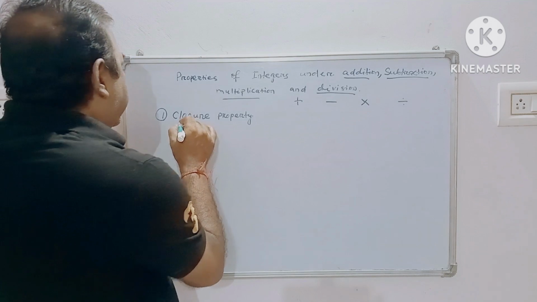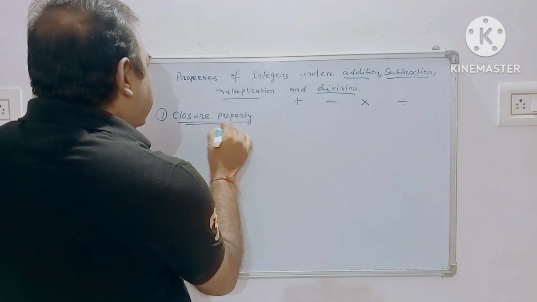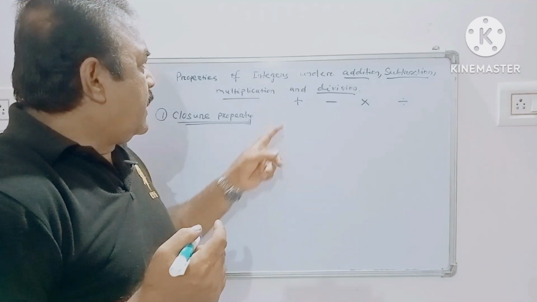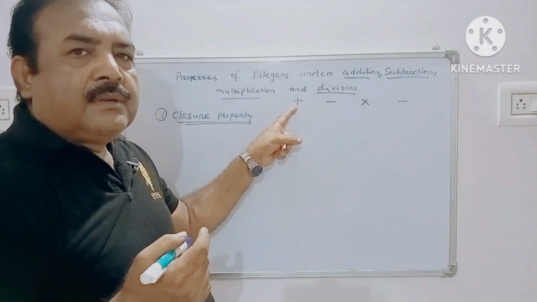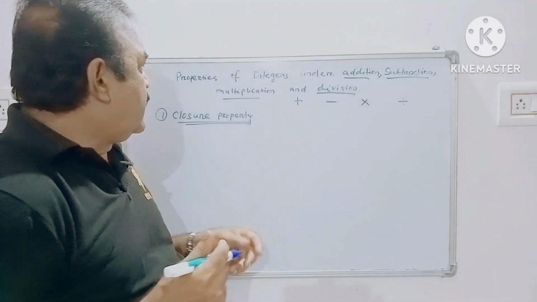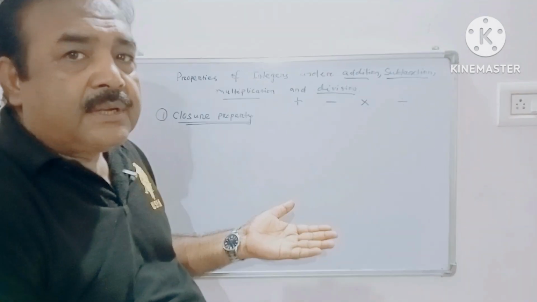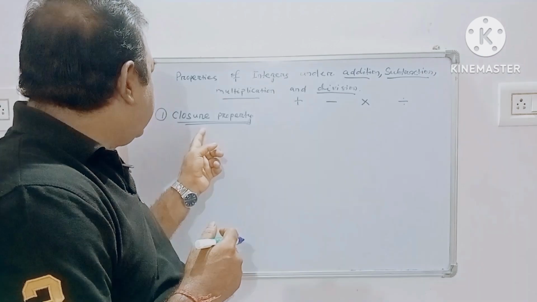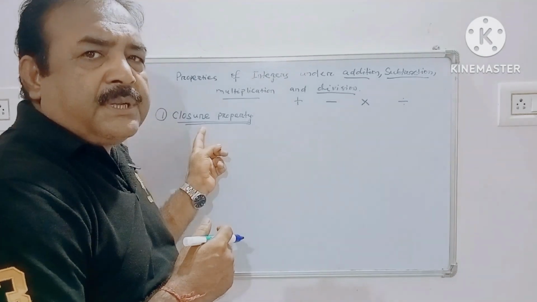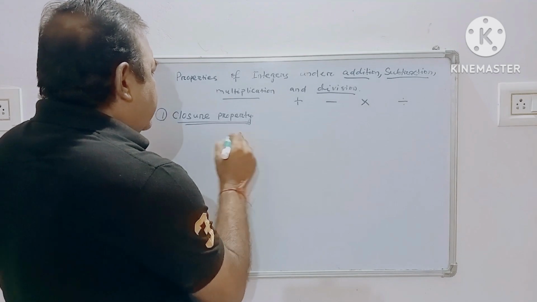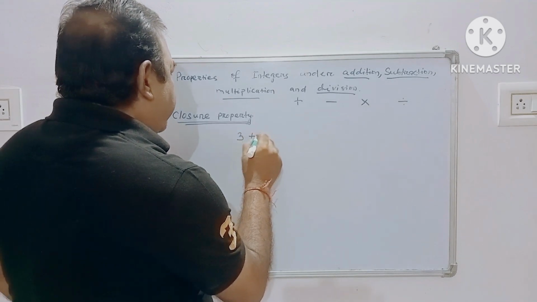So closure property. What is closure property? Suppose two integers, and you do the basic operation addition. If you add two integers, if the sum becomes an integer, then it shows the closure property. That means it is closed. Suppose I will take 3 and 5.